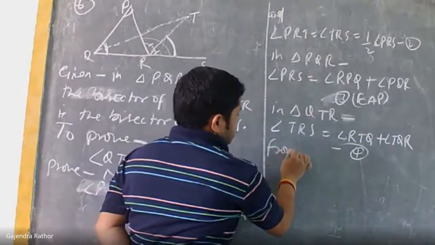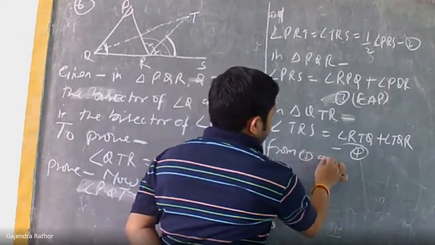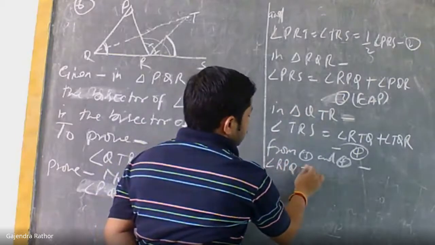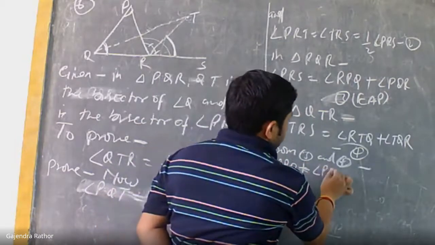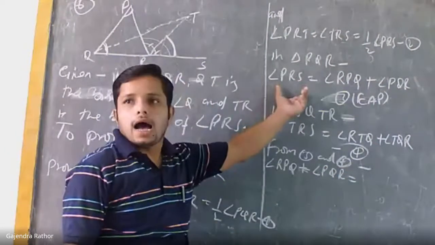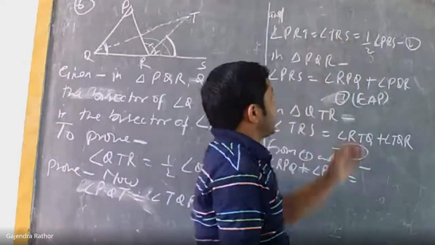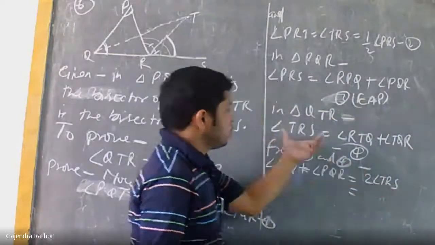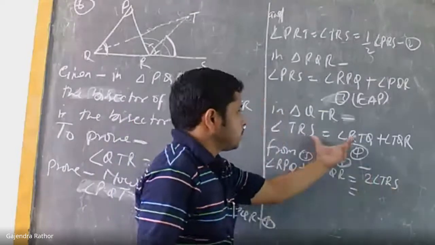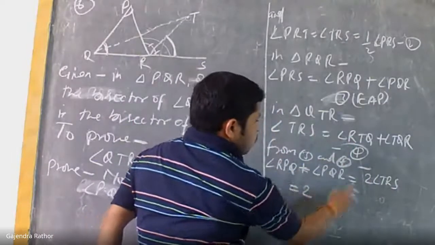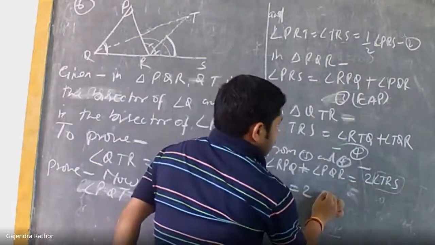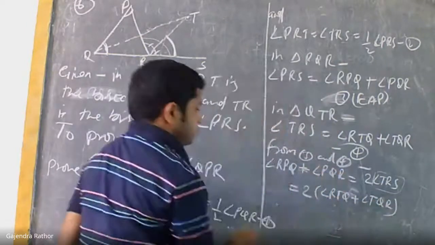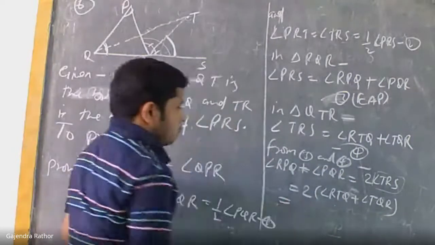So from the third equation, angle RPQ plus angle PQR is equal to PRS, but PRS is equal to 2 angle TRS, and TRS is equal to this step, so we can replace it. It is equal to 2 times the bracket of angle RTQ plus TQR.